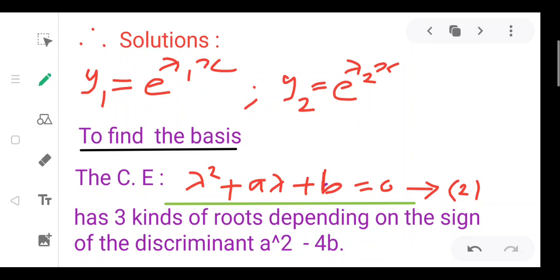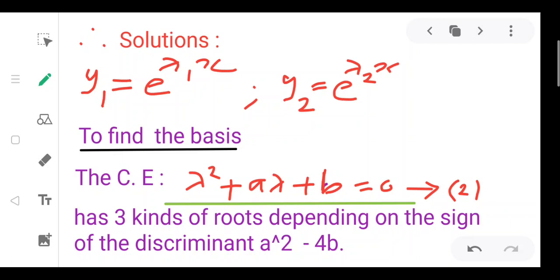Now, in this case, if y1 and y2 are linearly independent, then they will constitute the required basis. For that, we consider the characteristic equation lambda square plus a lambda plus b equal to 0.